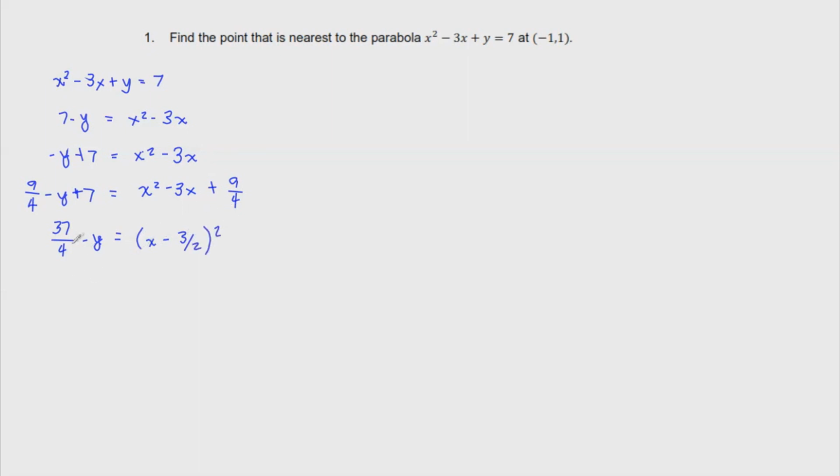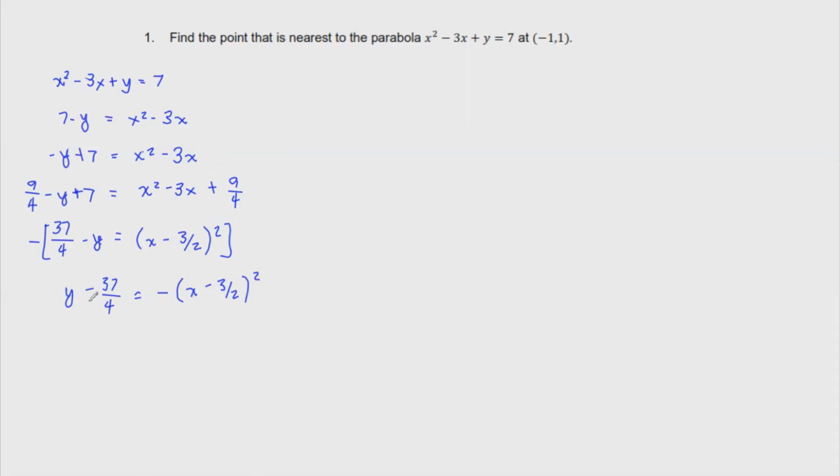Okay? So, finally, I will be multiplying both sides by negative 1 so that I can have positive y right here, and then minus 37 over 4, and then that is equal to negative of x minus 3 halves, and then squared.